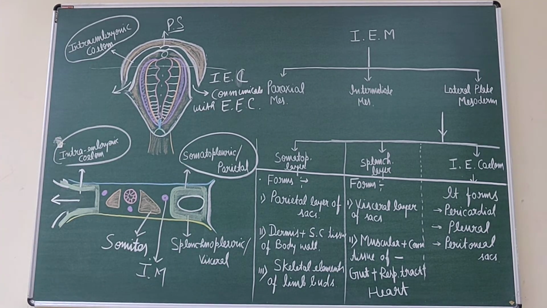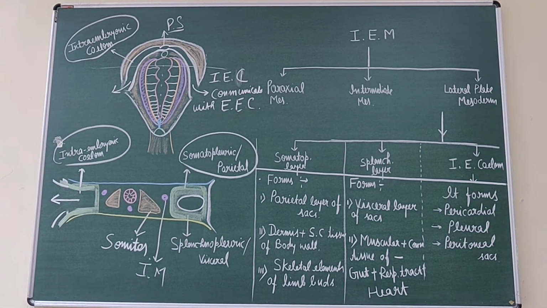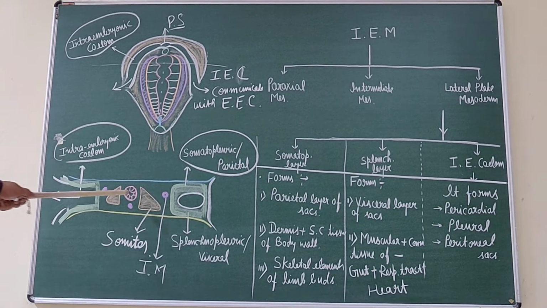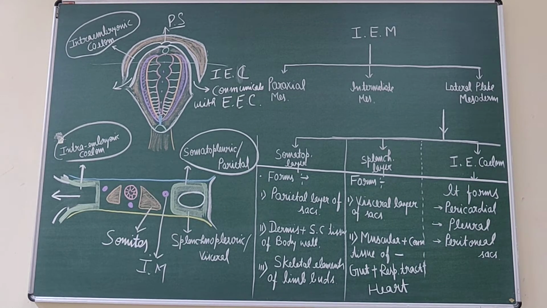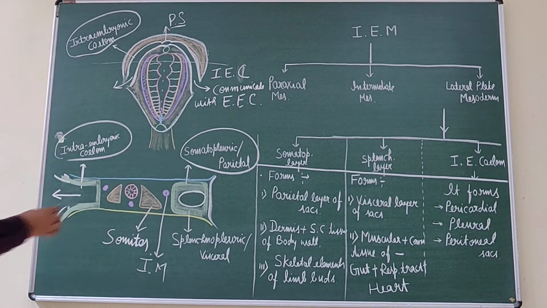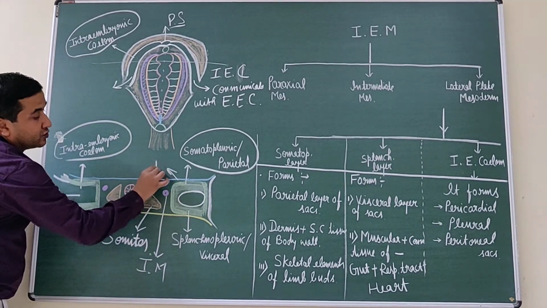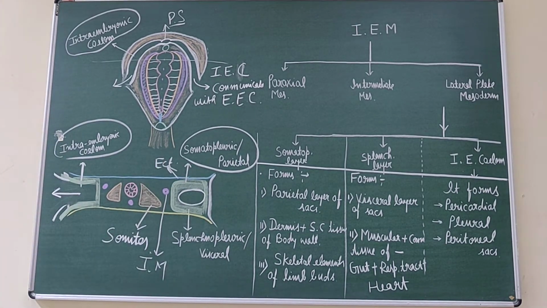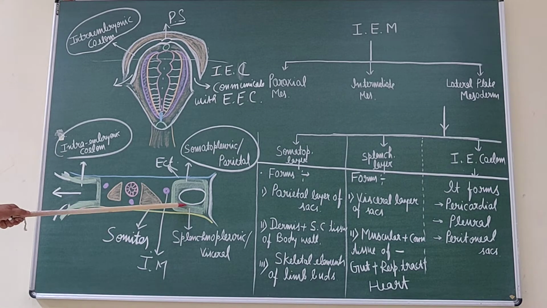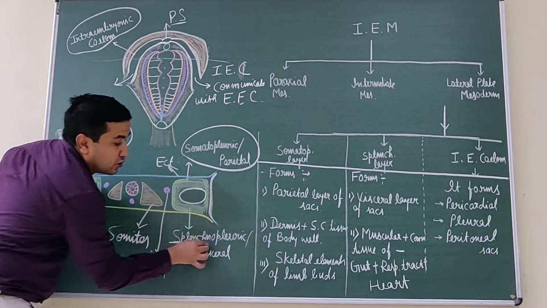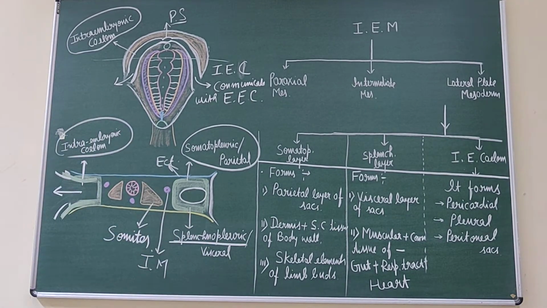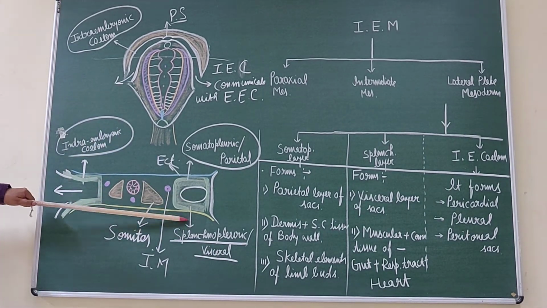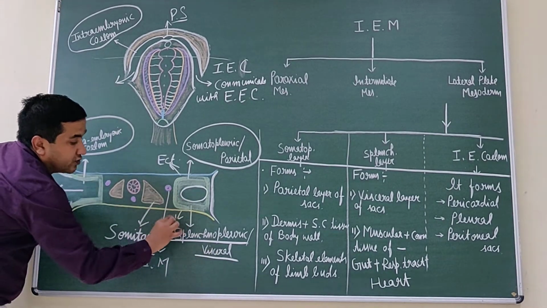There is also the somatopleuric extraembryonic mesoderm, but it is outside the embryonic disc, while this is present inside the embryonic disc. This somatopleuric layer is directed towards the ectoderm. While the lower is the splanchnopleuric layer, or the visceral layer, and it is directed towards the endoderm.